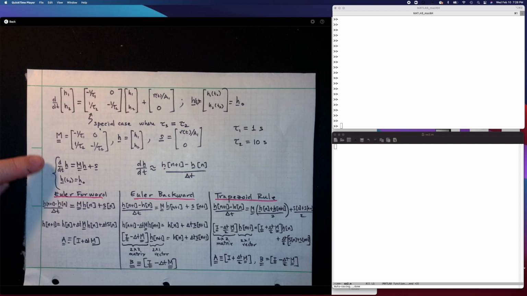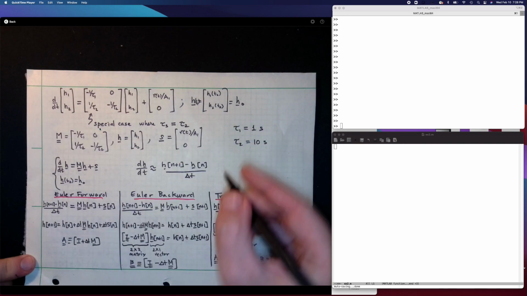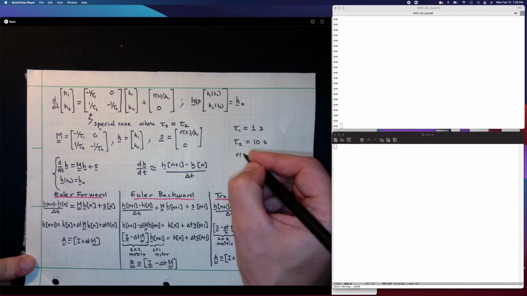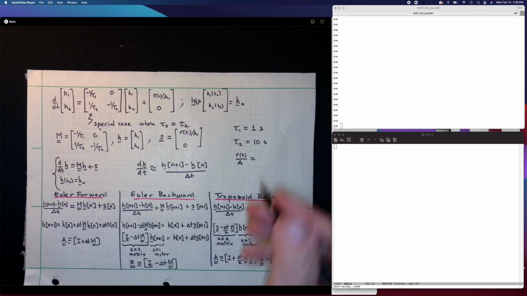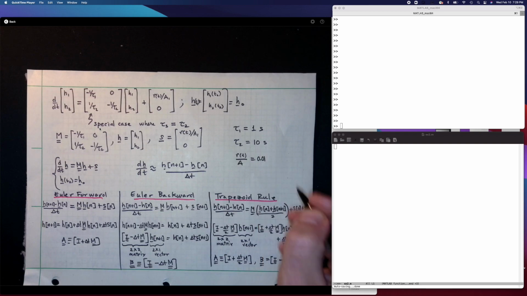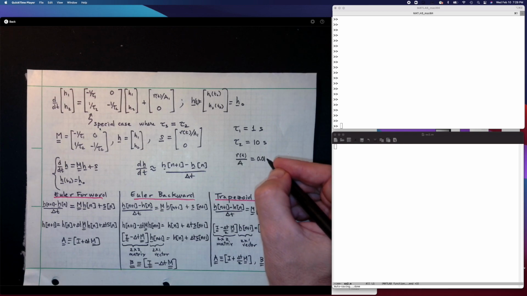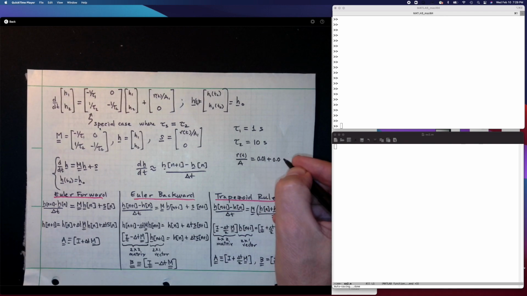And I'll also need to specify a forcing, R. I'm going to make R of t over A a time-dependent function, which is sinusoidal, so I'll pick it to be 0.01 plus 0.001 sine.